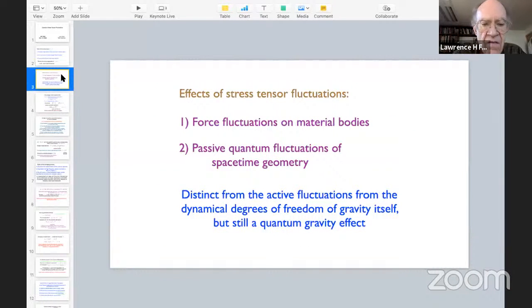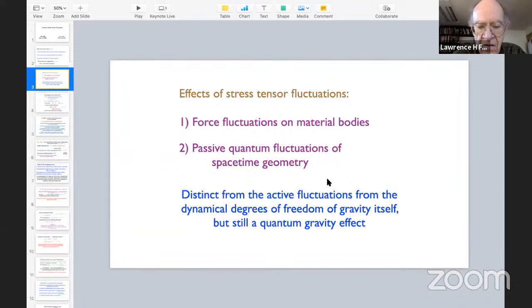So first of all, there are going to be effects of these fluctuations that lead to force fluctuations on material objects, but also it will lead to fluctuations of the gravitational field, which I call passive fluctuations because they're basically driven by the quantum matter fluctuations. So if you have a large fluctuation of the energy density or of the components of the stress tensor, that will drive a fluctuation of the space-time geometry.